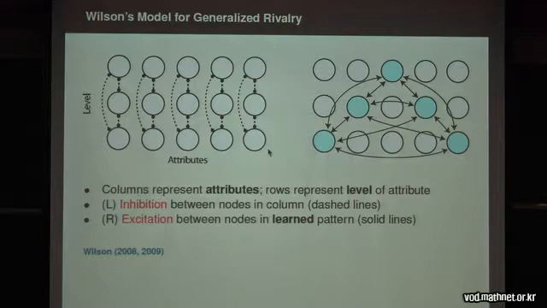So the full dynamics is given by the attributes with different levels. That's the state space, if you like, for the coupled system. And you have two different kinds of coupling, one corresponding to learned patterns and the other just to the structure of the network.